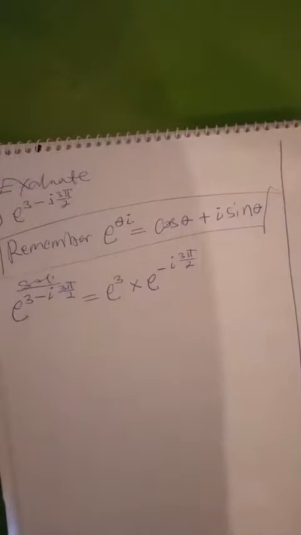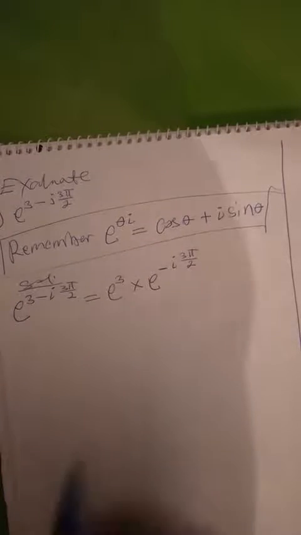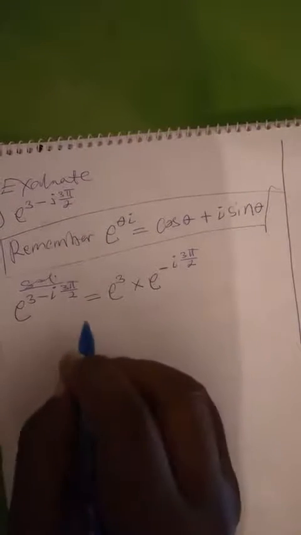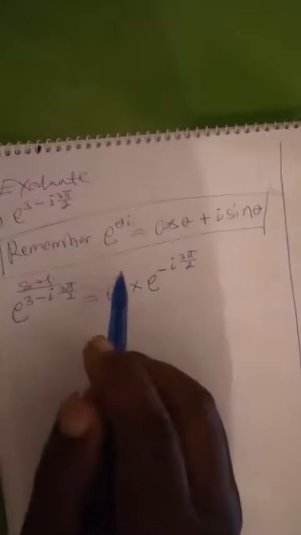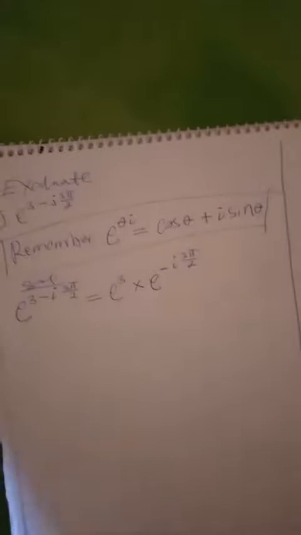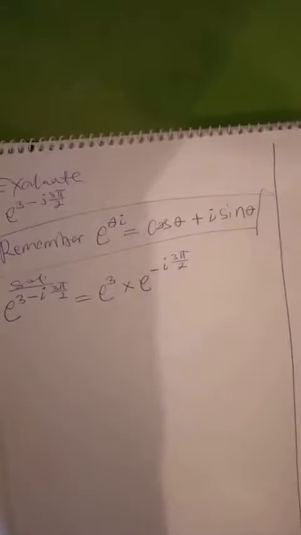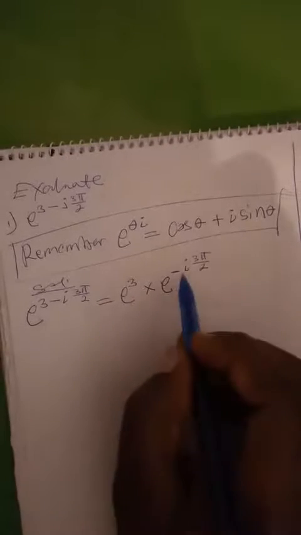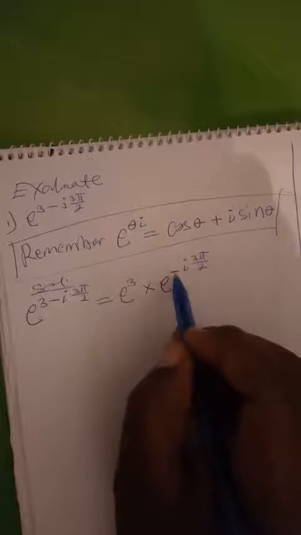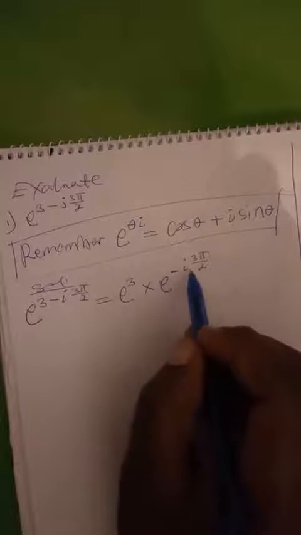See, this is very clear. The next idea, I can replace this. This is now my theta, but my theta is negative now. In this case, my theta is negative.